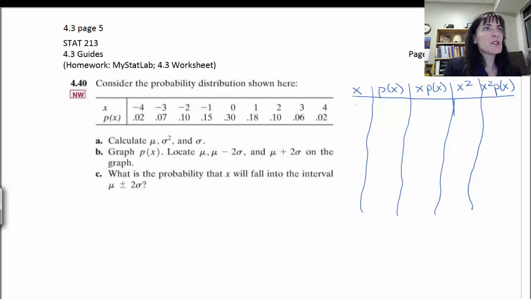Okay, so starting off, I have -4, -3, -2, -1, 0, 1, 2, 3, and 4.